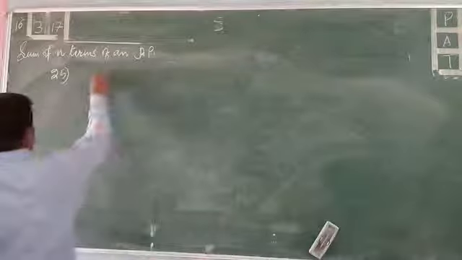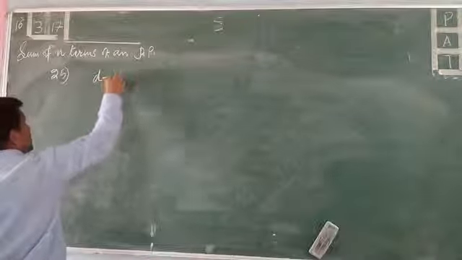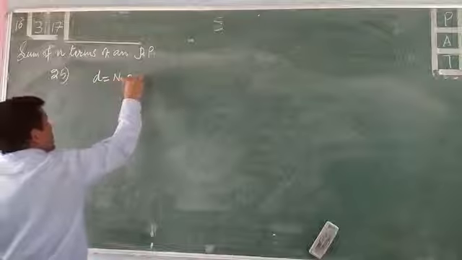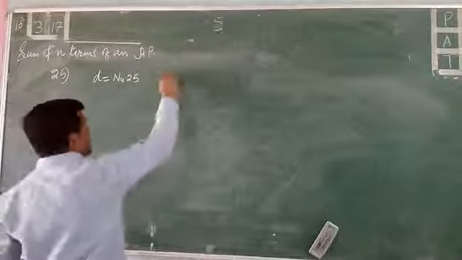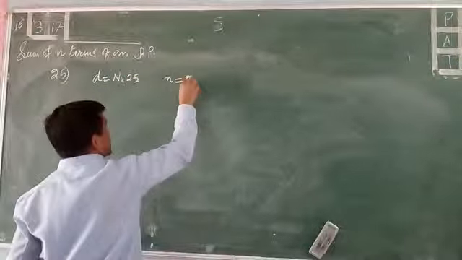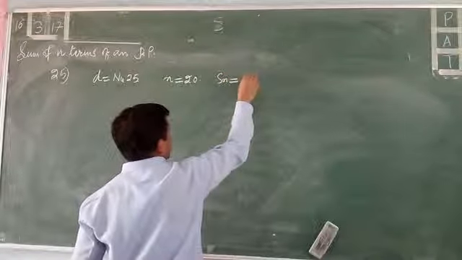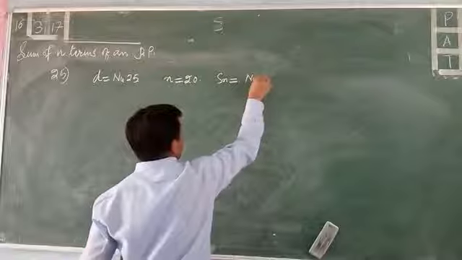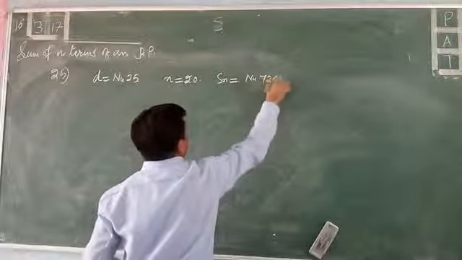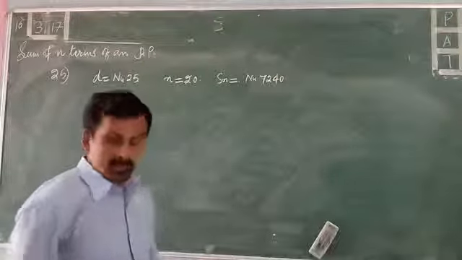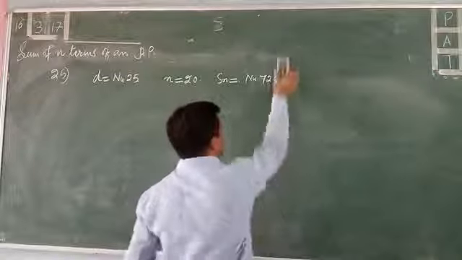We have the common difference as 25, the number of years is 20, and the sum of all his certificates is 7,250.